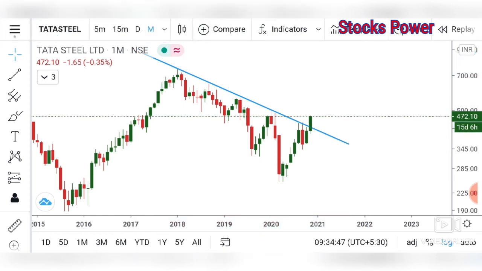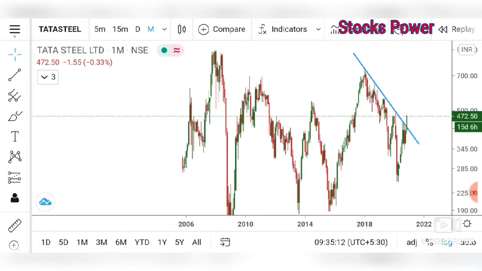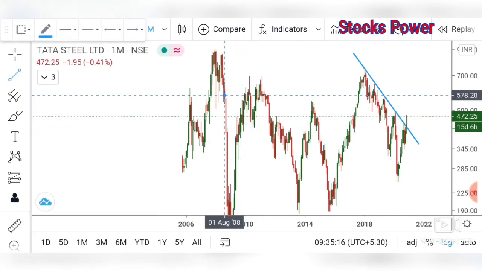So you can see here clearly Tata Steel has given breakout. So this can be a multi-bagger stock, but we have to see the last highs also. Okay, so this can be crucial. So we'll draw a trend line from the last high and see.